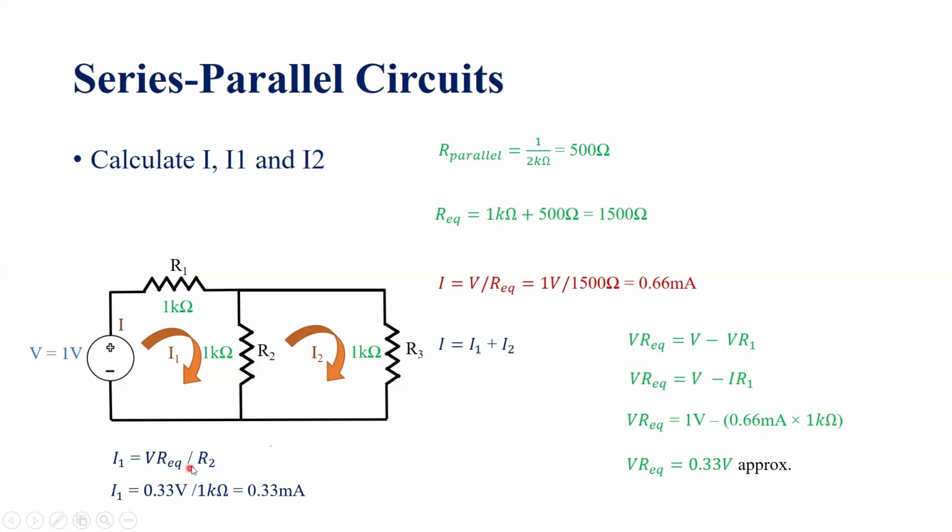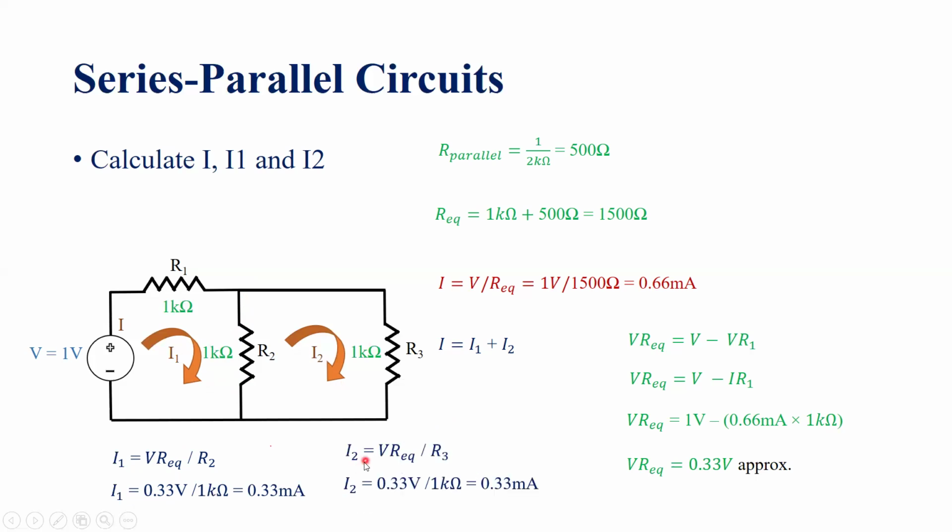So VR equivalent divided by R2 will be the value of I1. That is the current flowing through this resistor, which is, by plugging in the value of VR equivalent, 0.33 volt, what we just calculated, divided by 1 kilo ohm.